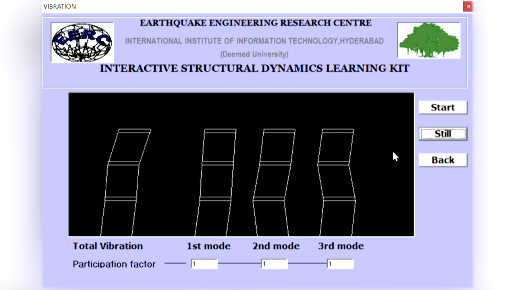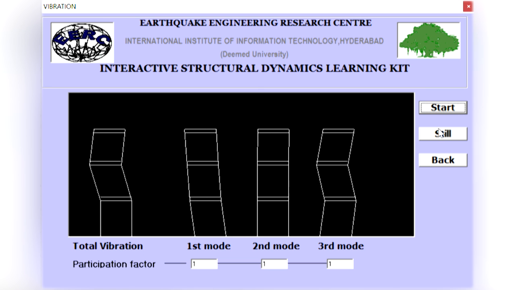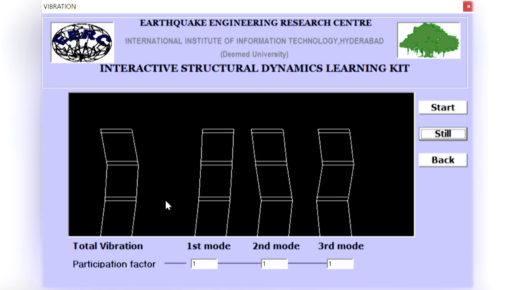In this one, we need to understand one more important thing. If I stop it, here this is the first mode, this is the second mode, this is the third mode. I have given equal weightages, 1, 1, 1, but this 1, 1, 1 weightage usually will not be there in real structures.